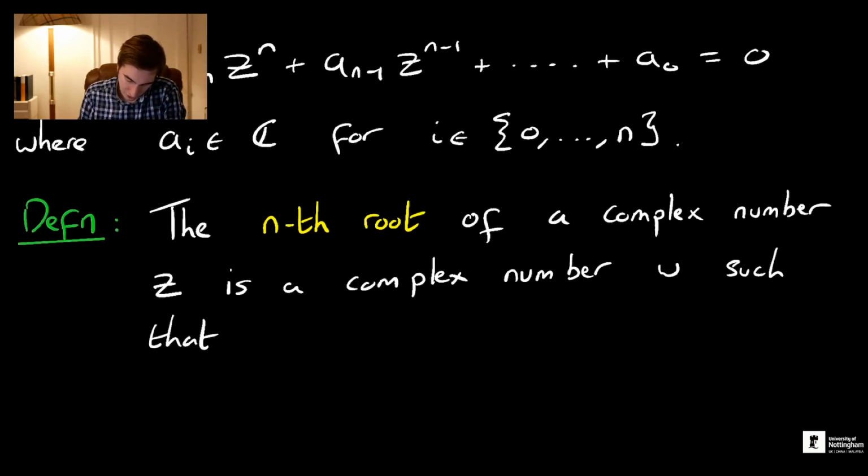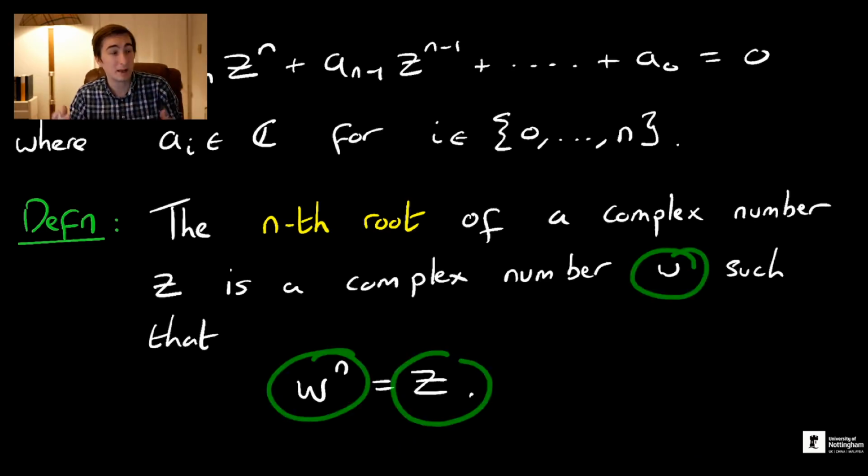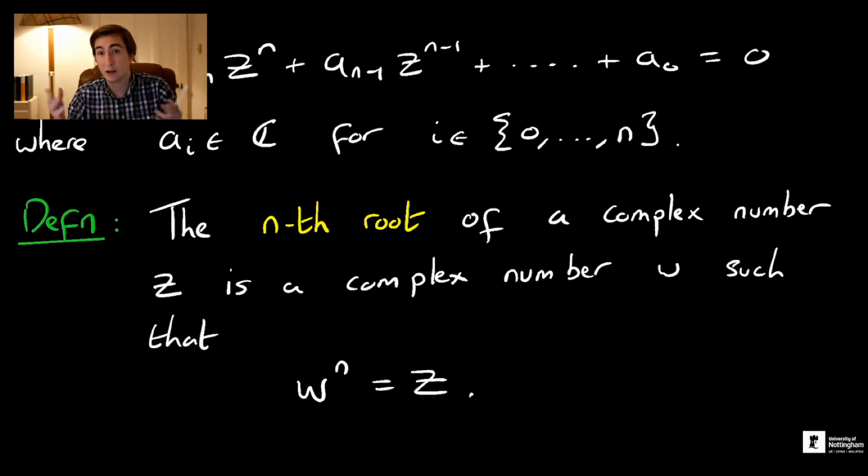We're going to have here w to the power of n equals z. So we're saying that the nth root of this complex number is w, if I can take that complex number w, raise it to the power of n, and that equals z. So that's what I mean by an nth root. It's one in which when I raise it to that power, it gets me back to where I started. And I think I may have in the notes used the w and z the other way around, but it doesn't really matter in this situation.